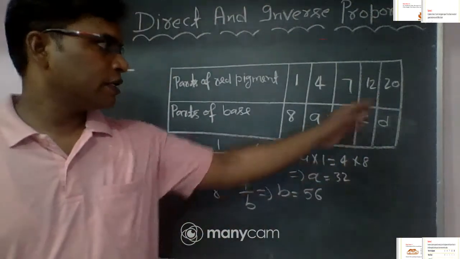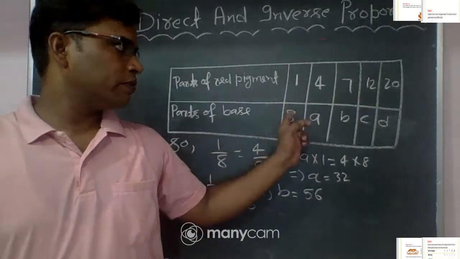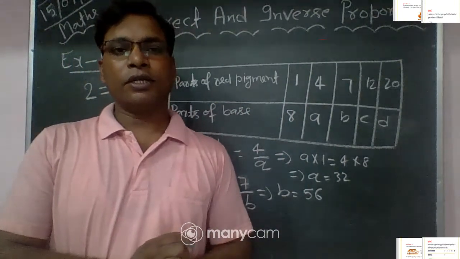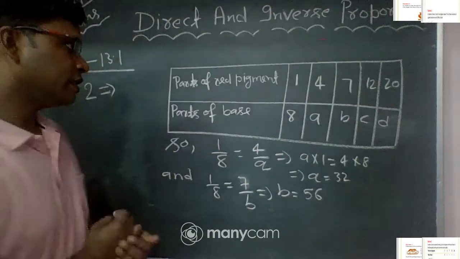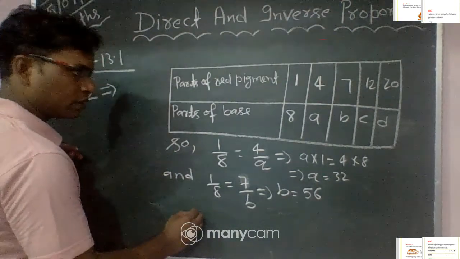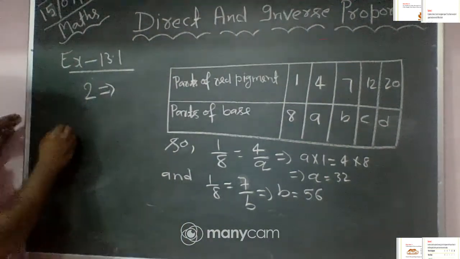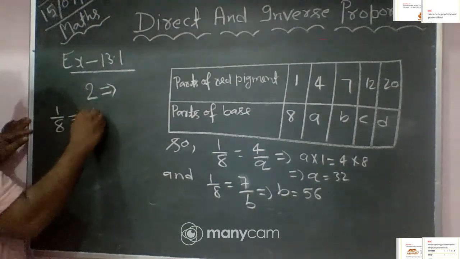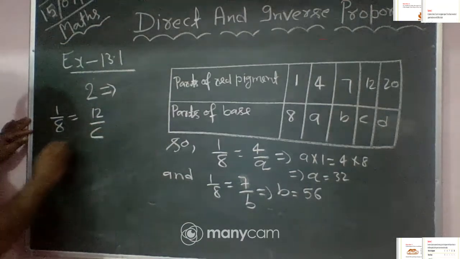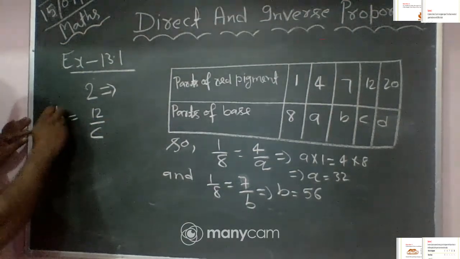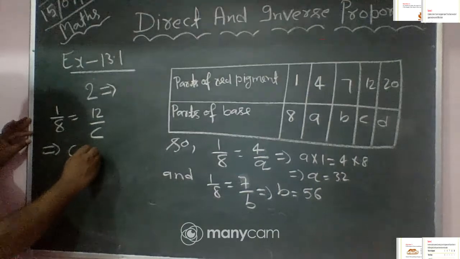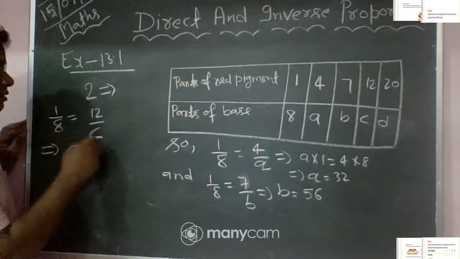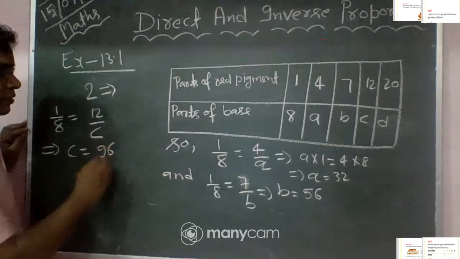Okay, now next, 12 by c is equal to 1 by 8, because this is a direct proportion. In direct proportion, ratios are constant. It means that for c, 1 by 8 is equal to 12 by c. This implies that by cross multiplication we obtain c is equal to 12 into 8, which is 96.